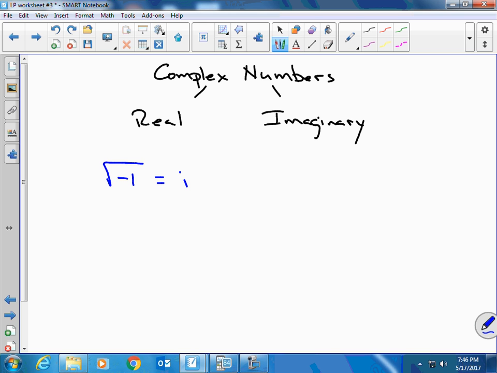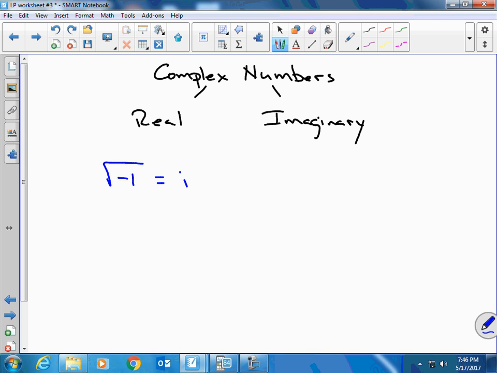Later, in the 1500s, Girolamo Cardano, sorry if I said that wrong, started looking at how to do calculations with these imaginary or complex numbers. So that's where imaginary numbers started from: how do we handle square roots of negatives?